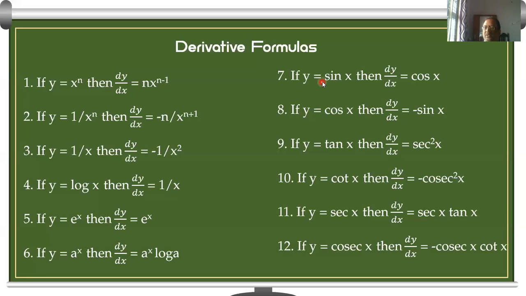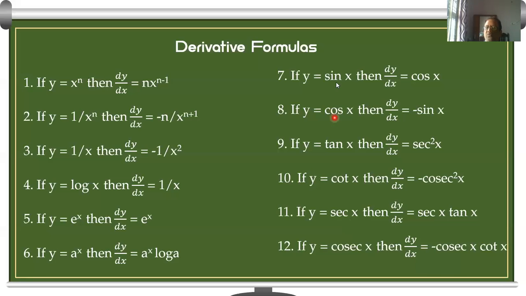Sine derivative is cos, cos derivative is minus sin x. Tan derivative is sec square x, cot derivative is minus cosec square x, sec x derivative is sec x into tan x, cosec x derivative is minus cosec x into cot x. Now observe here sine and sec are the functions, and the remaining ones are cofunctions.